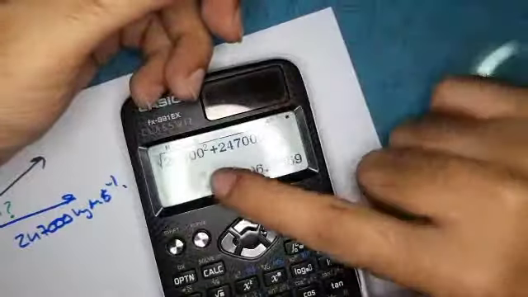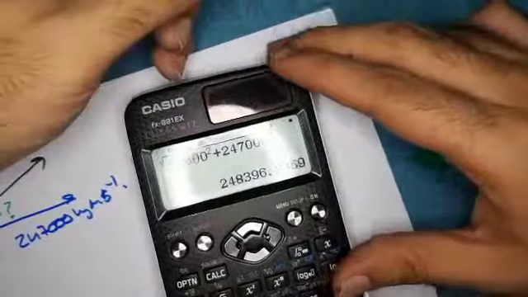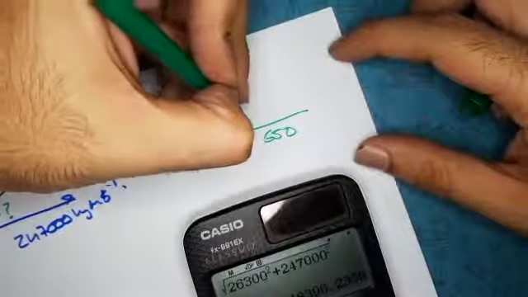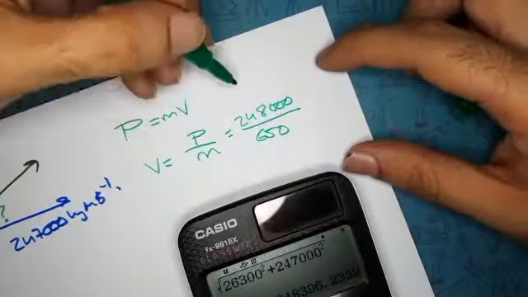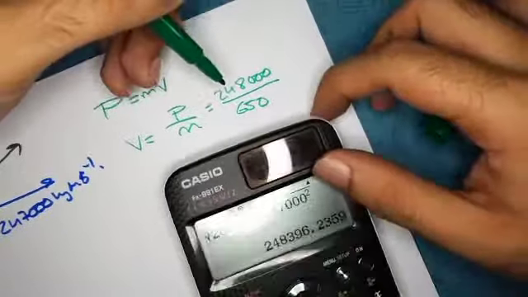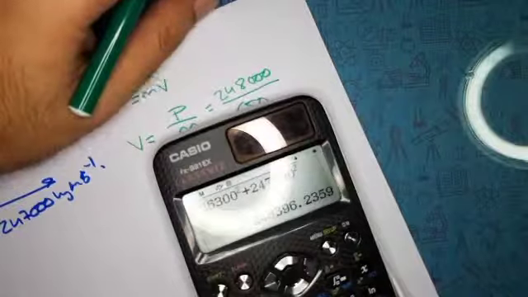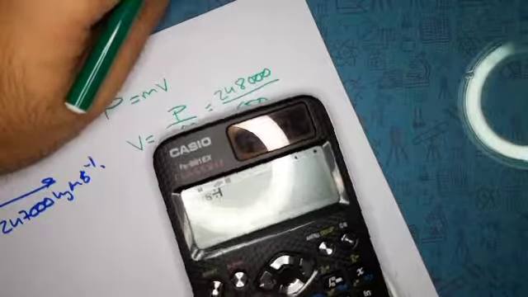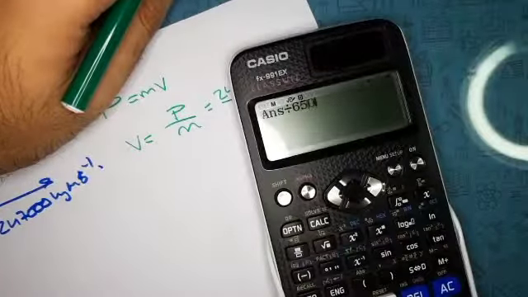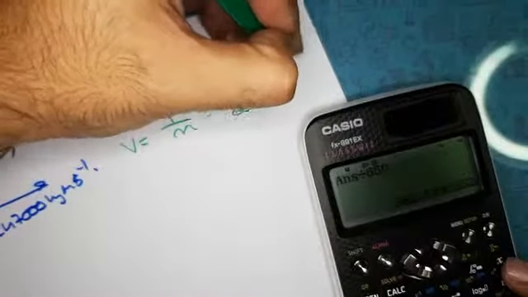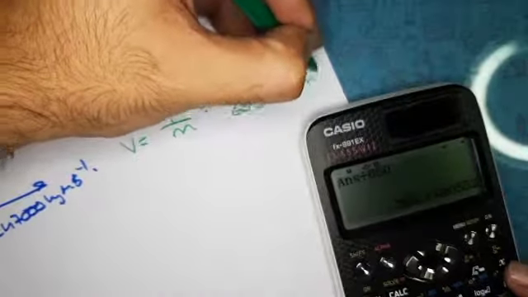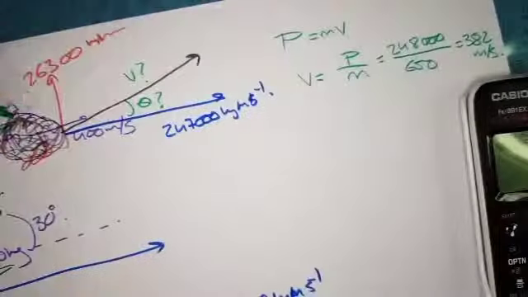Okay, we're seeing some solid maths right there. If his work is correct, it should be 248000. So 248000 divided by 650 is equal to 382 meters per second. That is the resultant velocity in this direction.